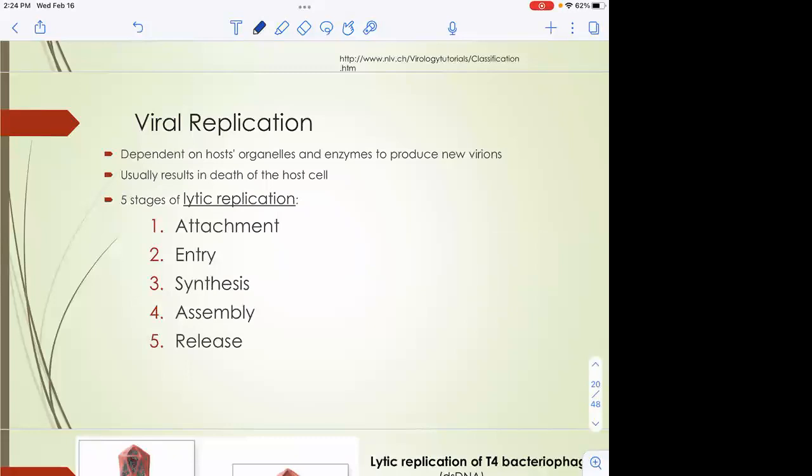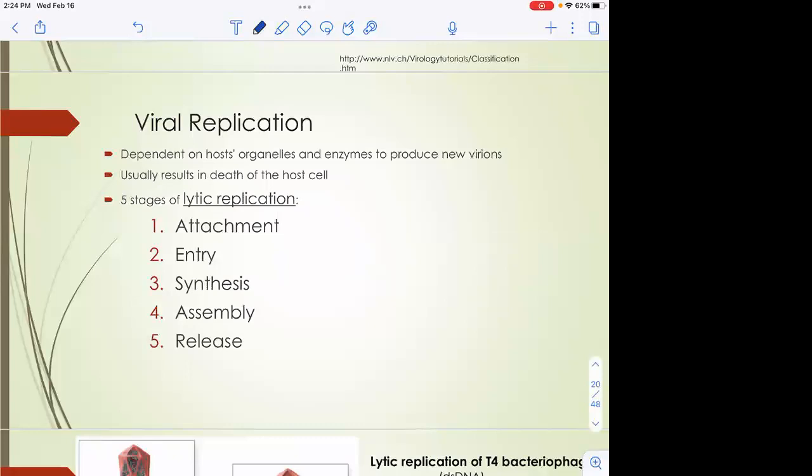We can grow them in bacteria cells, but we can't just grow them on media. Usually when a virus replicates, it's going to do some serious damage, if not kill the host cell. Not necessarily right away, but it's usually going to be harming the host cell.